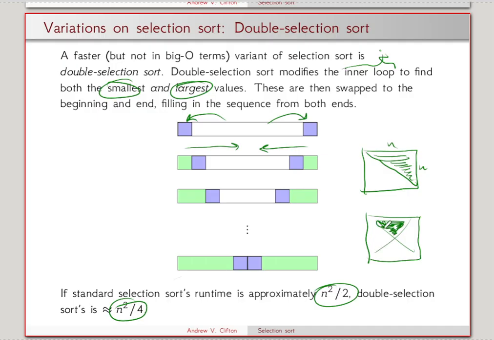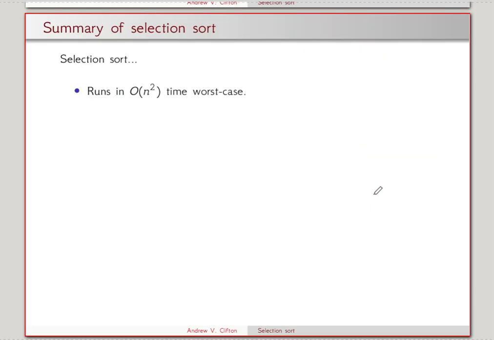It's filling in this upper quadrant triangle of an n by n square. So again, n squared over 4, n squared over 2, in big O terms those are the same. But in real-world terms, you will notice that a double selection sort finishes slightly less than twice as fast as the plain selection sort.